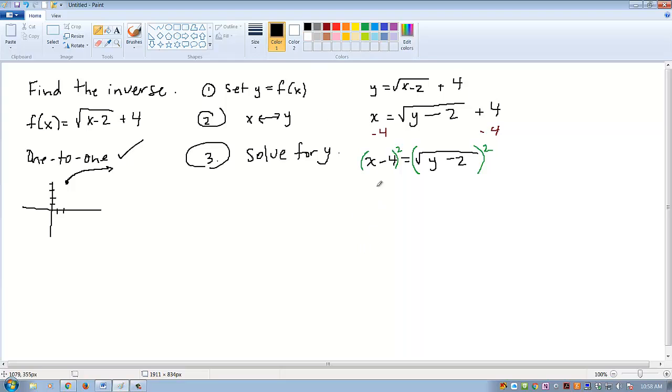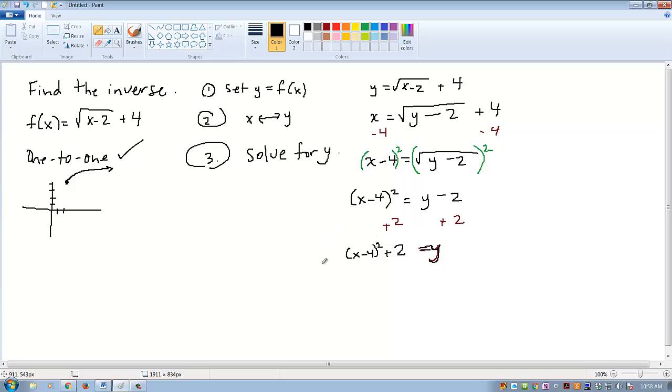So at this point, I have (x minus 4) squared is y minus 2. And so I'm going to add 2 to both sides. And I have then y is equal to (x minus 4) squared plus 2.